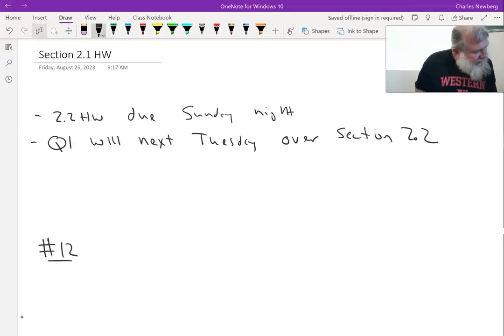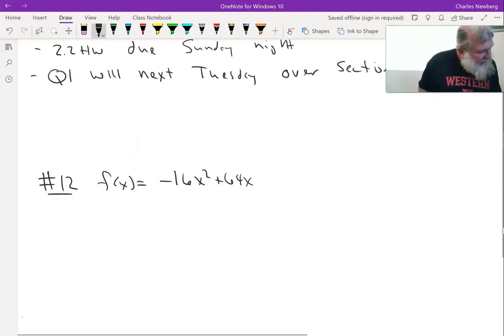So we're given the function, and our function is f of x equals minus 16x squared plus 64x. Complete the following.